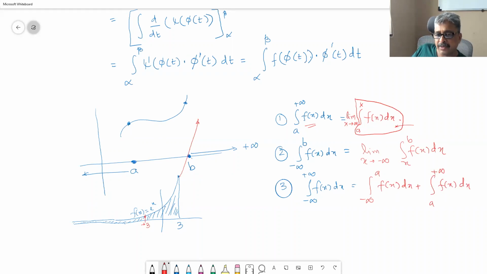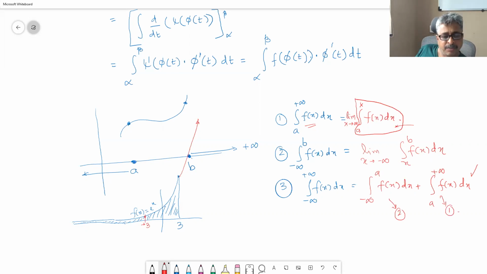Now, is this allowed? I think we have not written this. Can I break it into parts? Yes, because integration is addition. Integration is summation. Therefore, I can always break it into as many parts as I want. So this is valid, this is true. And then apply rule number 2 for this and rule number 1 for this, and we get the answer.